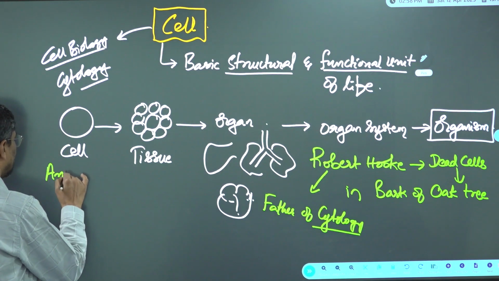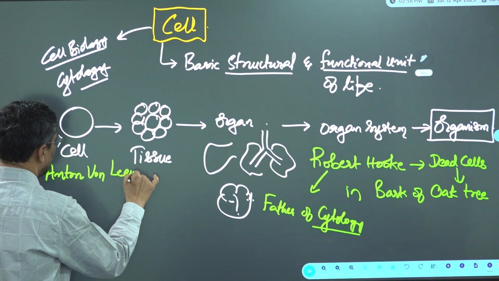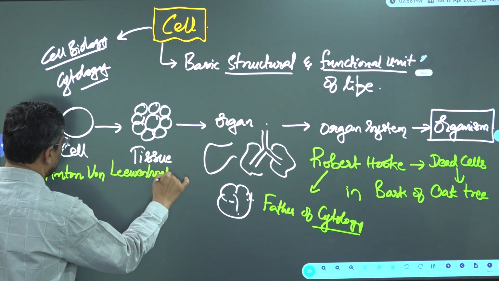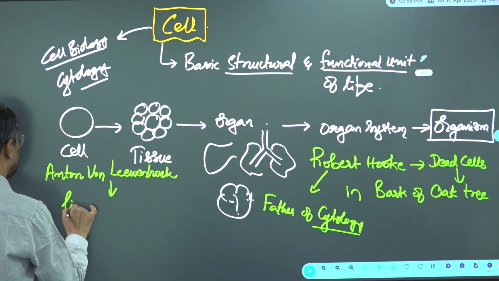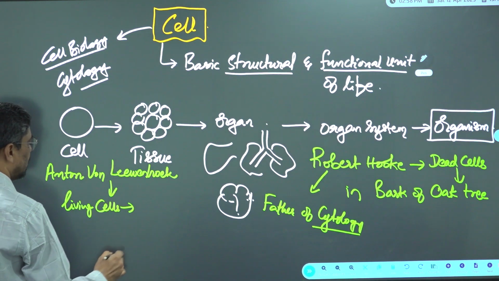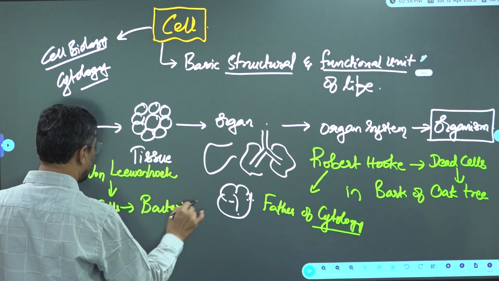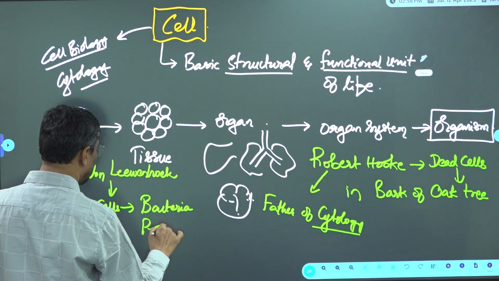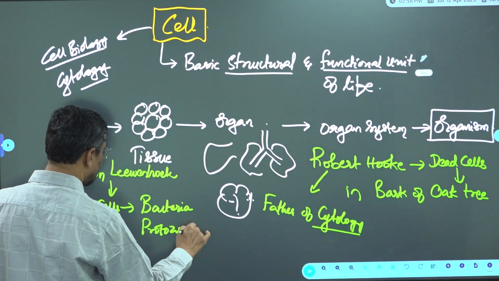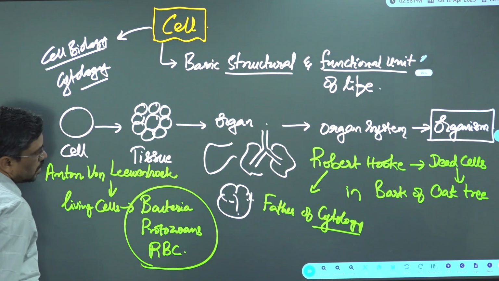Whereas another scientist called Anton von Leeuwenhoek discovered the living cells, like bacteria, protozoans, and RBC, red blood cells.